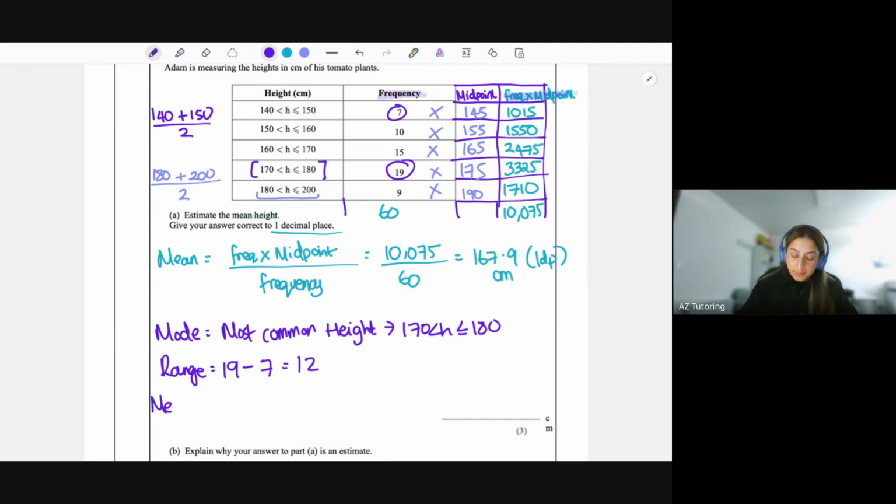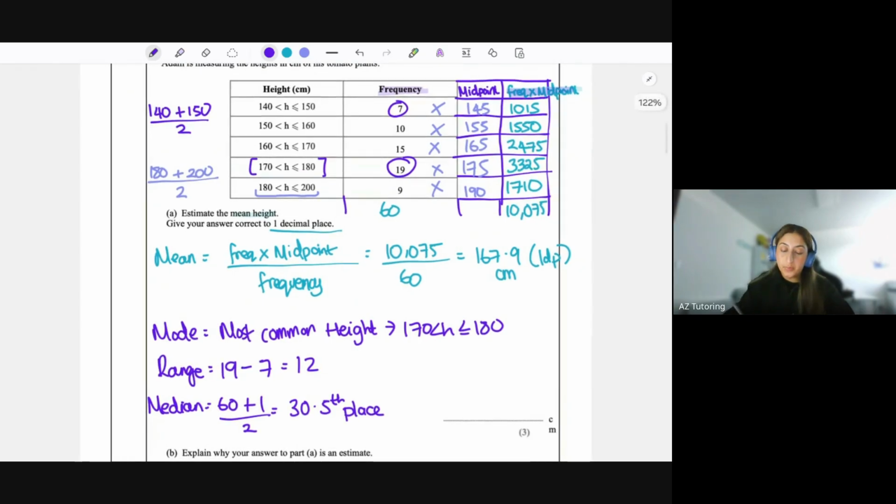And the median, how you calculate the median, is the frequency, which is 60, plus 1, divided by 2. That gives us the 30.5th place. That's where the median lies. So then you have to do a running total of the frequency. The first number is 7, so that stays at 7. Then 7 plus 10 is 17.